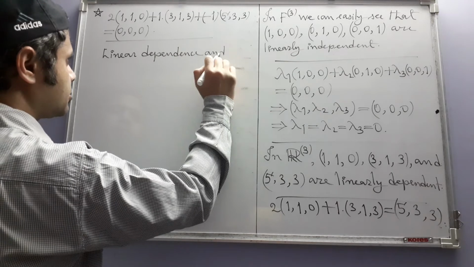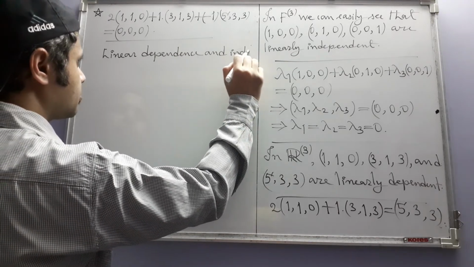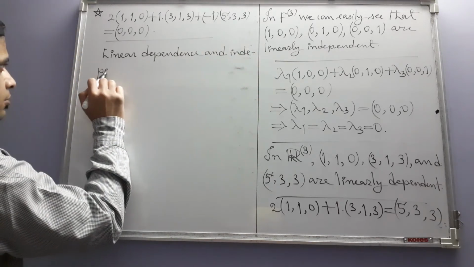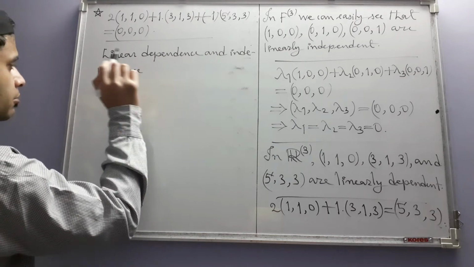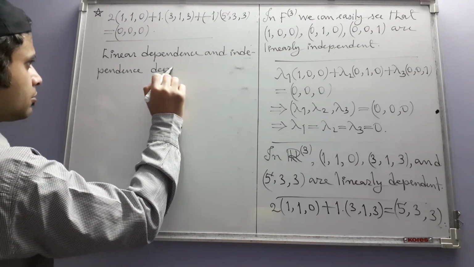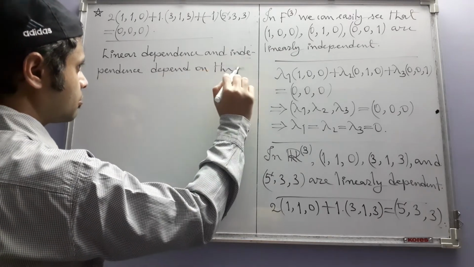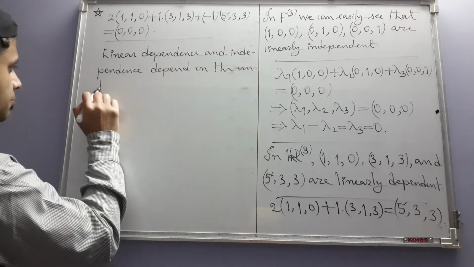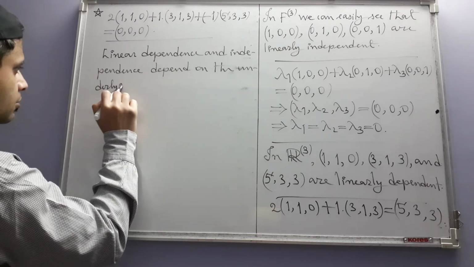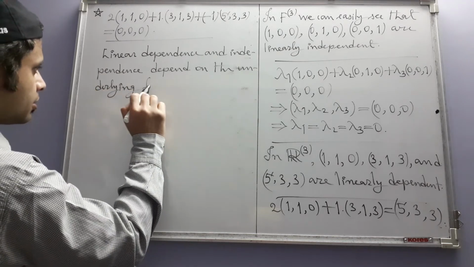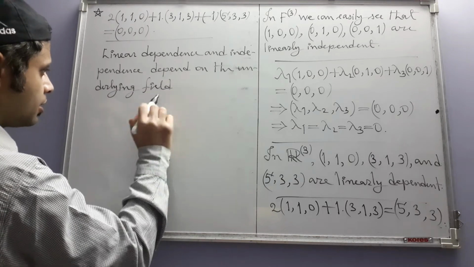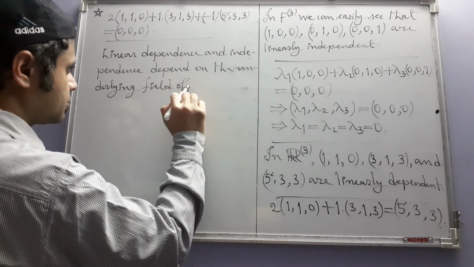Linear dependence and independence depend on the underlying field of scalars.